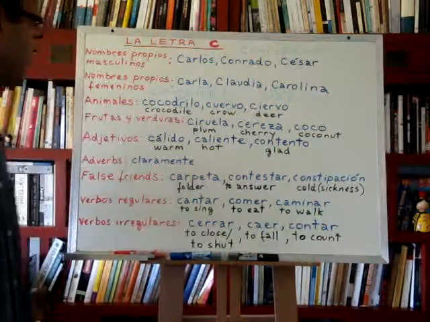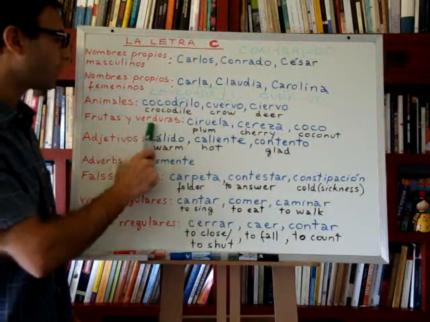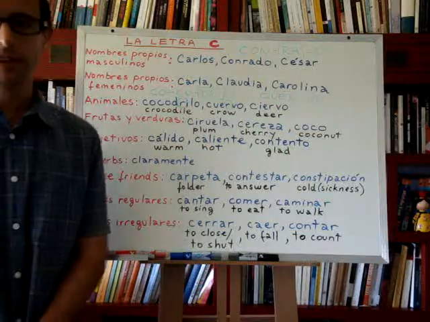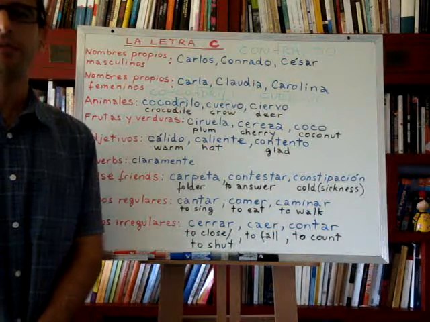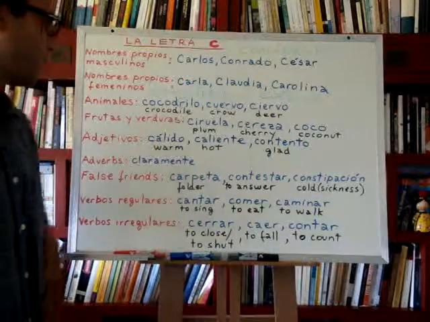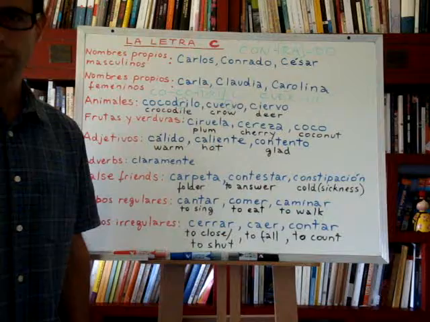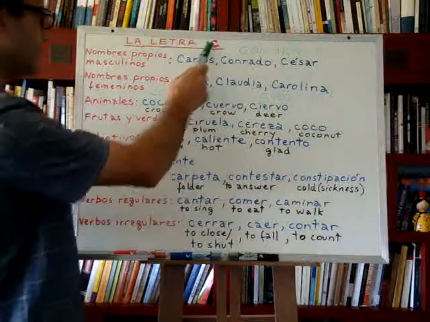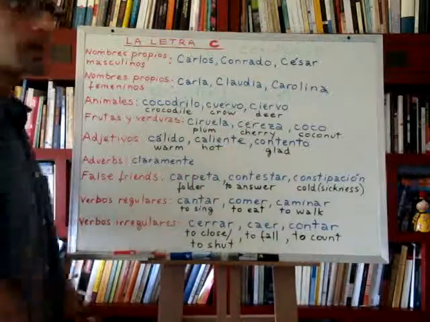Okay. Now let's see some frutas y verduras. These are fruits and vegetables, right? Actually, here I have just written 3 fruits that begin with the letter C. Like, for example, ciruela.